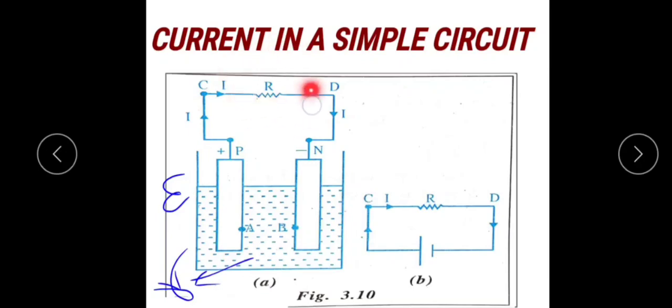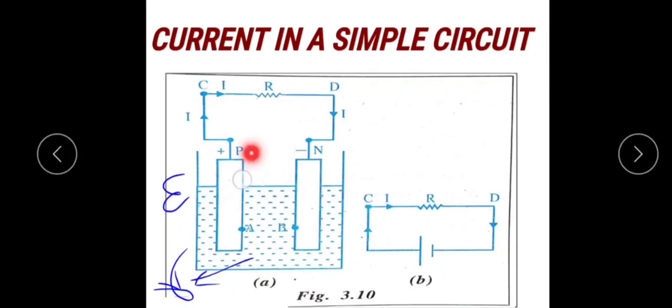If the resistance R is a finite value, first we will discuss the concept of finite value. If the resistance R is finite, then a steady current I flows through the circuit. If V is the potential difference across the positive terminal P and the negative terminal N of a cell.